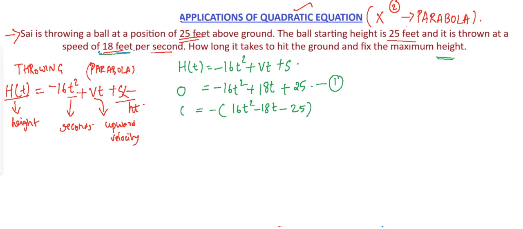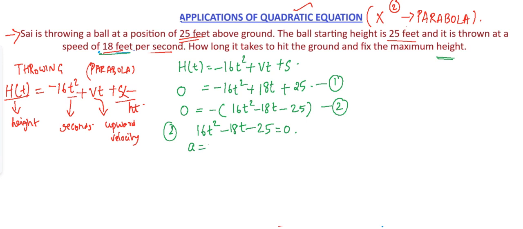So I need to equate all these values to 0 to find the value of t. You can either take up equation 1 or equation 2 depending upon your wish, and then you can proceed. I'm going to take up equation 2 here. So 16t square minus 18t minus 25 is equal to 0.